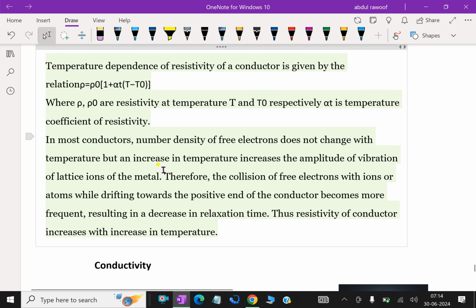In most conductors, the number density of free electrons does not change with temperature, but an increase in temperature increases the amplitude of vibration of the lattice ions of the metal. Therefore, collisions of free electrons with ions while drifting towards the positive end of the conductor become more frequent, resulting in a decrease in relaxation time. Thus, the resistivity of a conductor increases with increase in temperature.